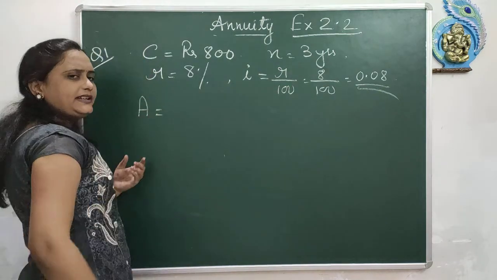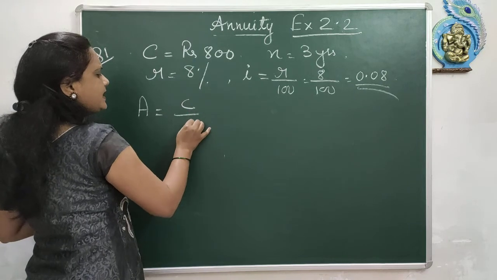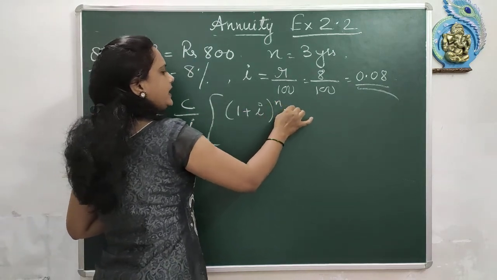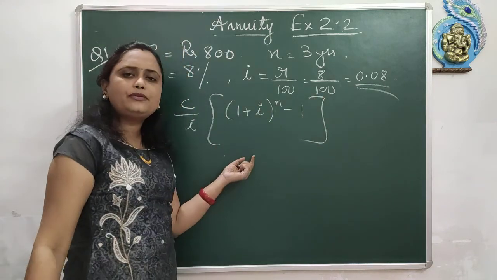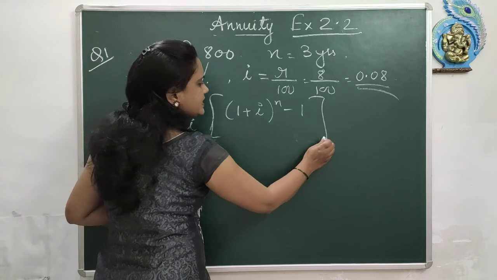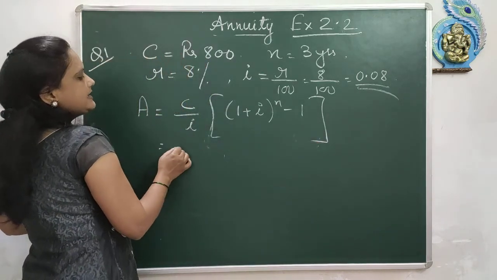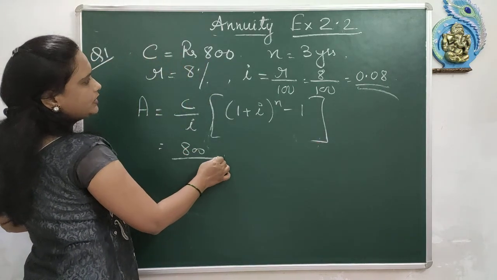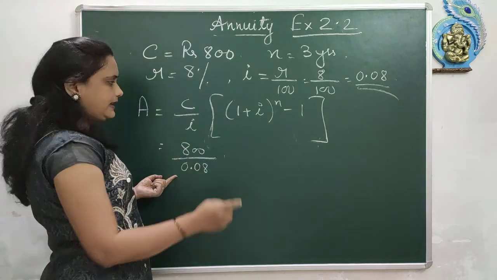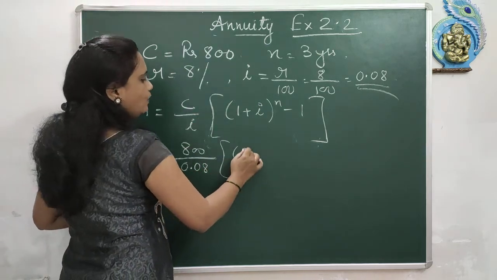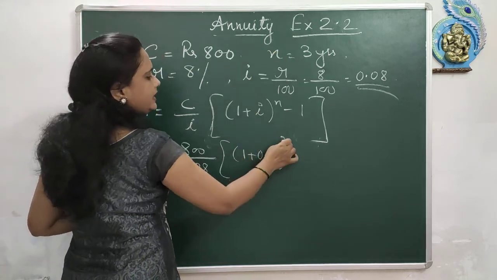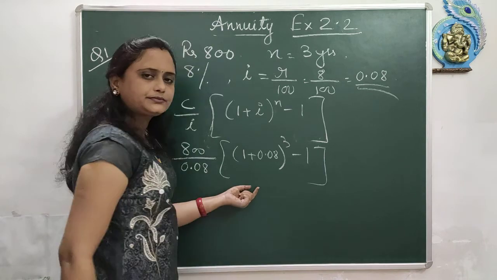So the formula I am writing again is C upon I into (1 plus I to the power n minus 1). This is the formula for accumulated value. Now just write down whatever is given. C is 800 upon I, that is 0.08, into (1 plus 0.08 to the power 3 minus 1).